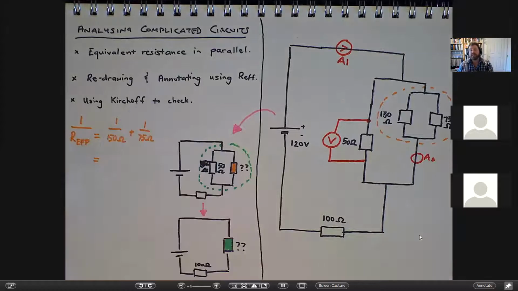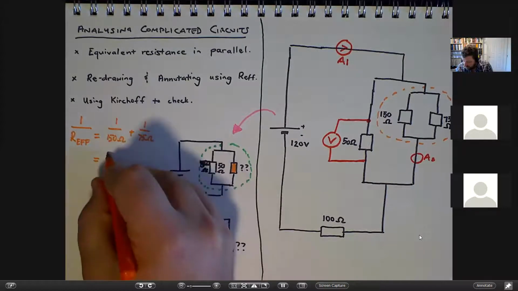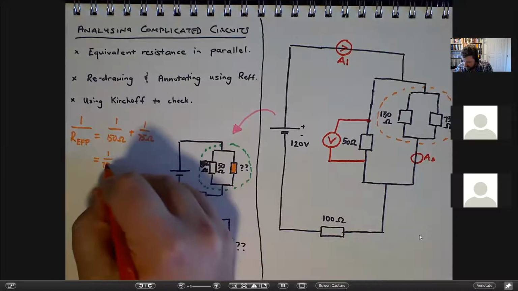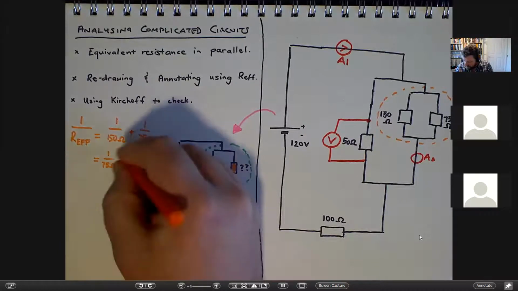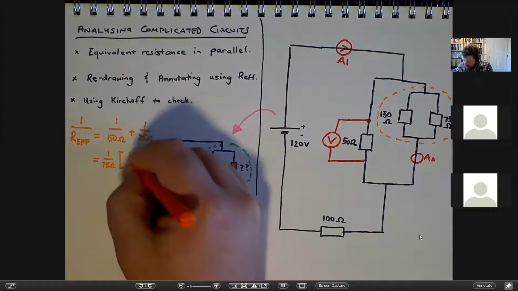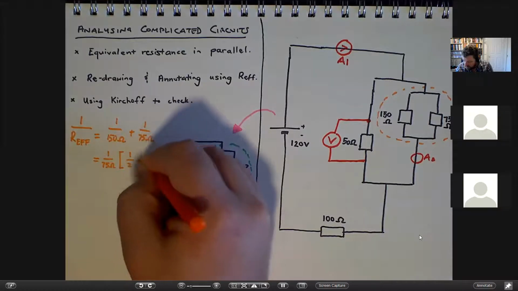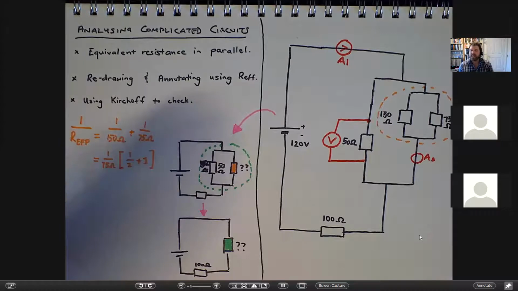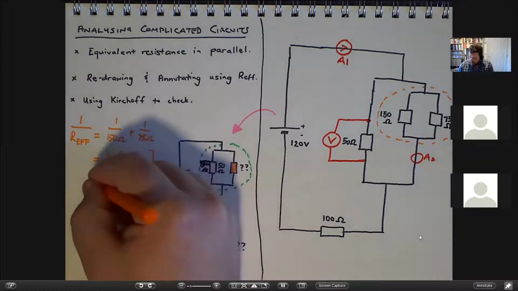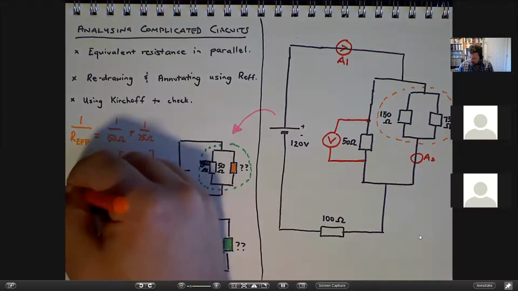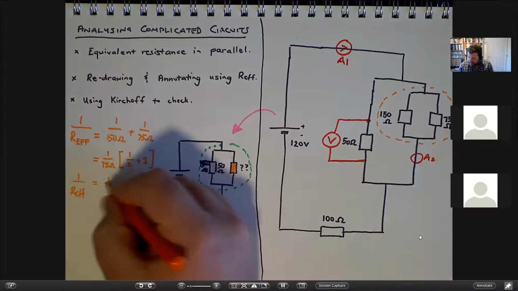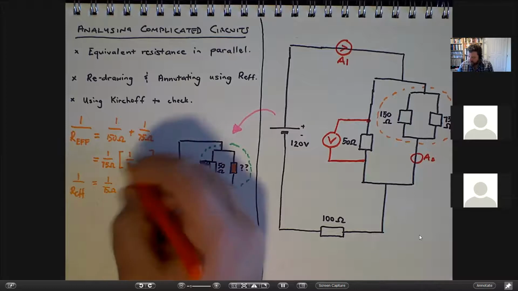I often find it's useful to try and factorize anything you can at this point. So I'm going to pull out 1 over 75 ohms, and that's going to be outside of 1 over 2 plus 1. See how that makes things a lot easier? And so 1 over R effective is going to be 1 over 75 ohms times 3 over 2.